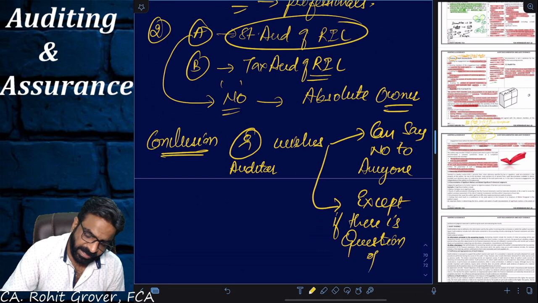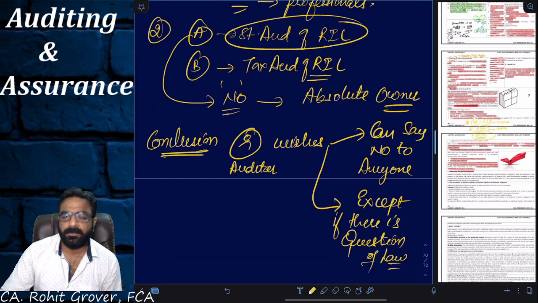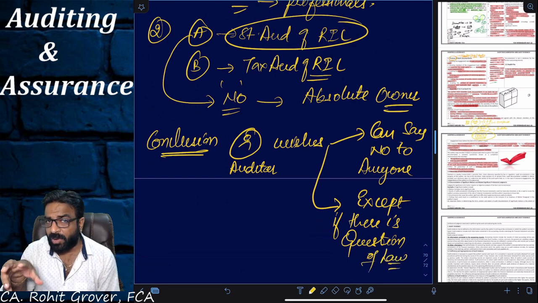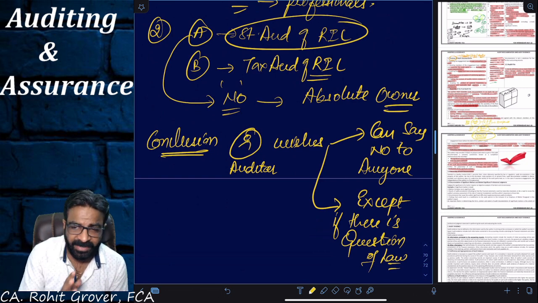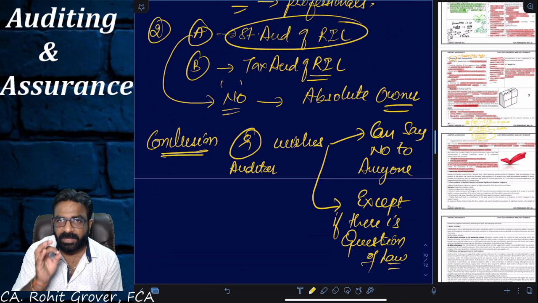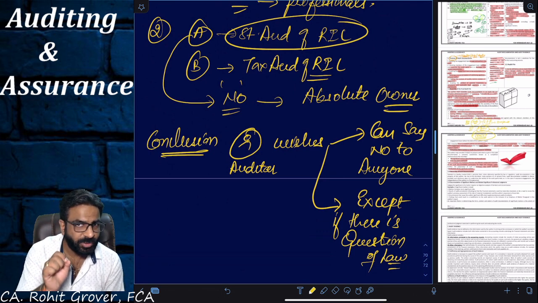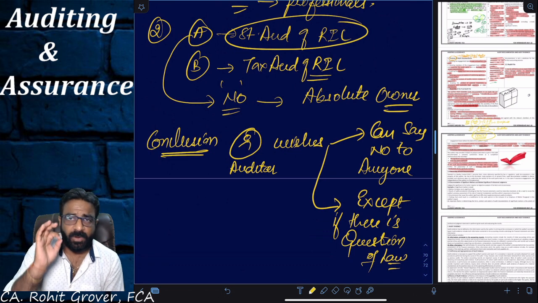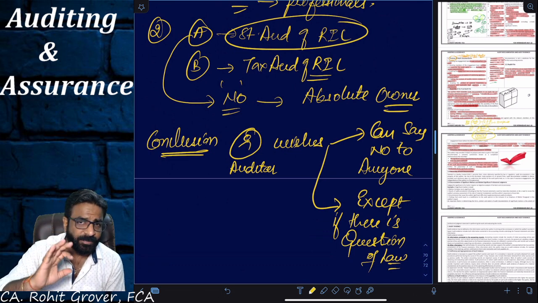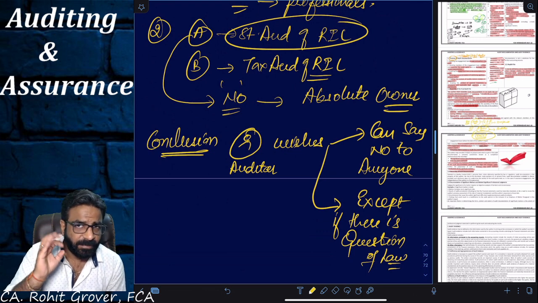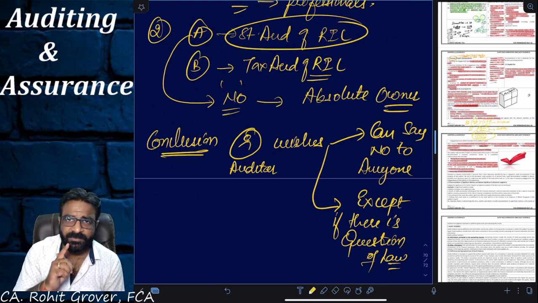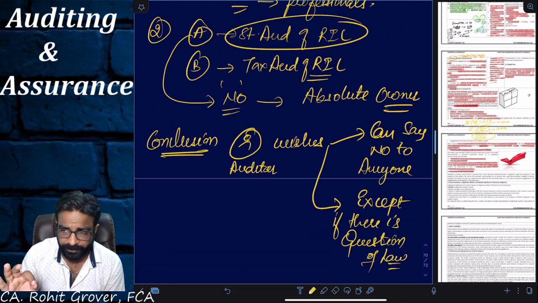Now tell me, are you bigger than law? No. If the law is forcing you to show that particular audit evidence, then the law is going to be bigger than you and will make sure that at that point of time, you are not saying no. Otherwise, you will get penalized.